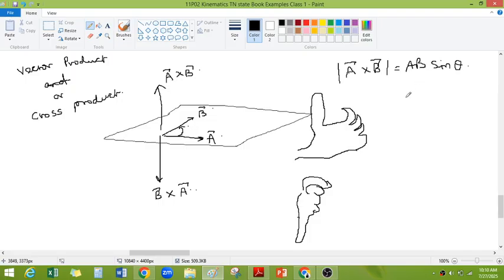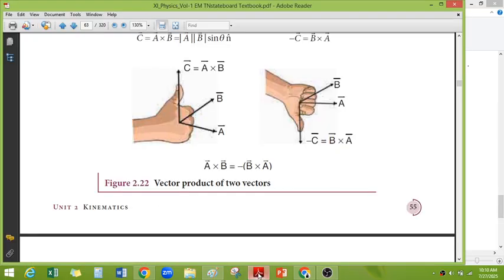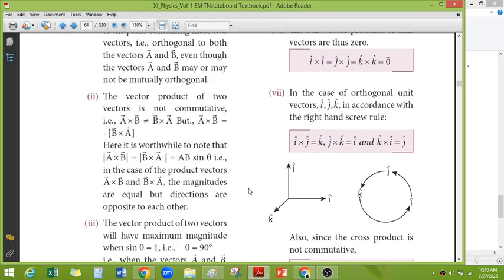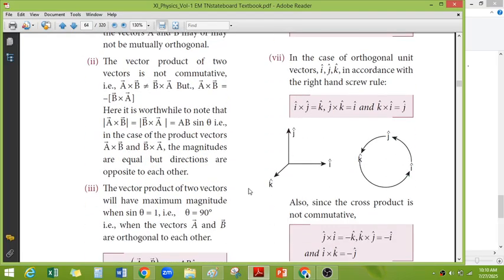That's all very easy, nothing very difficult here, and you will have to use the determinant method to solve the problems. So for example, i cross j will become k, k cross i will become j. So you have to follow this circle.